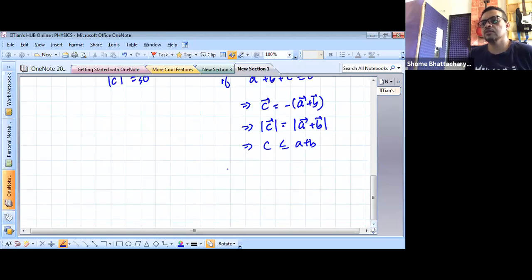So if A is equal to 10 and B is equal to 10, magnitude of C should be less than equal to 20, which means that C cannot be 30. Okay. So this is the logic for it.